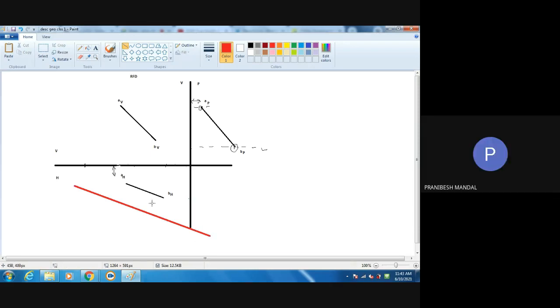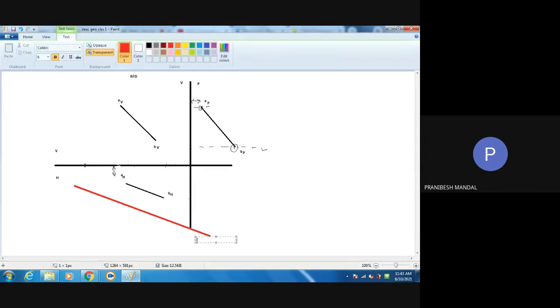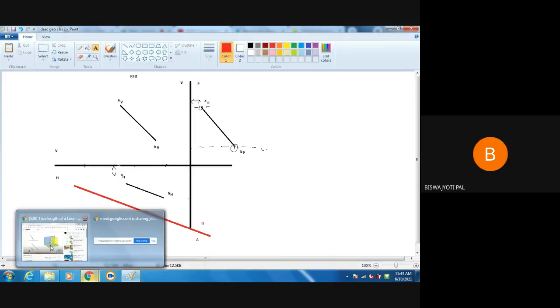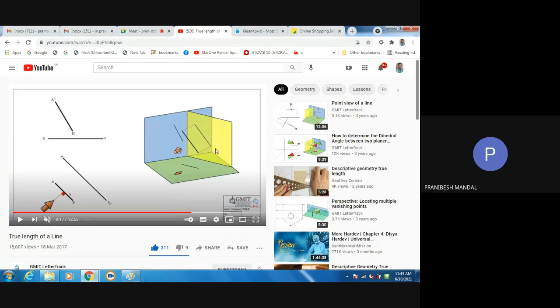And this plane we name, follow this particular thing, this is very important. This plane we name, suppose plane A, and this side is your plane H. I am showing you in the video again. See, this yellow plane is plane A, right? And the partition line that we have drawn, that is the partition between the horizontal plane and the A plane, isn't it?